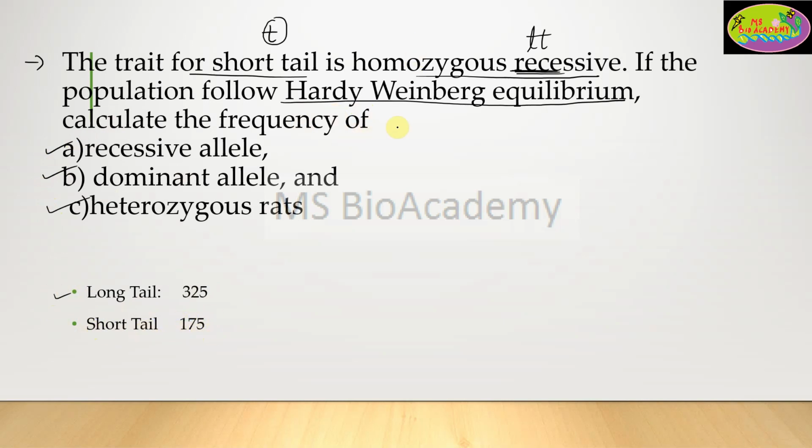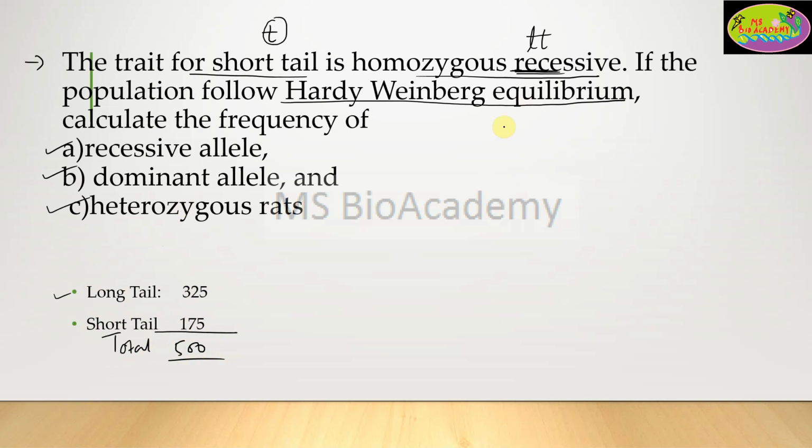How to solve such a question? First of all, find the total number of population. Just add both of them. When you add it, it comes to 500. So out of 500, 325 have a long tail and 175 have a short tail.